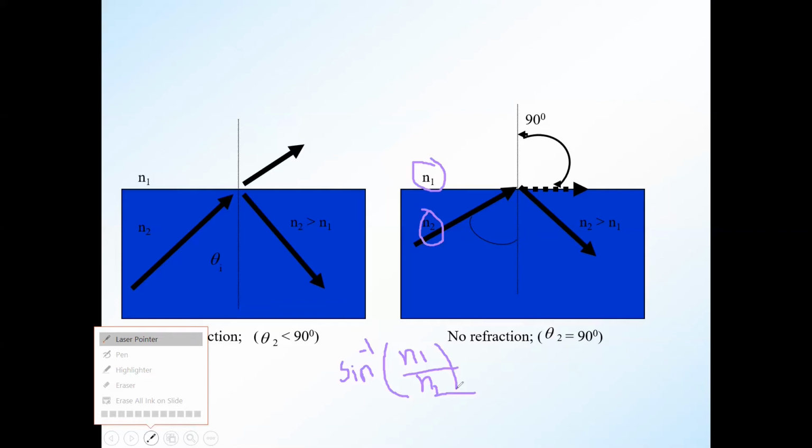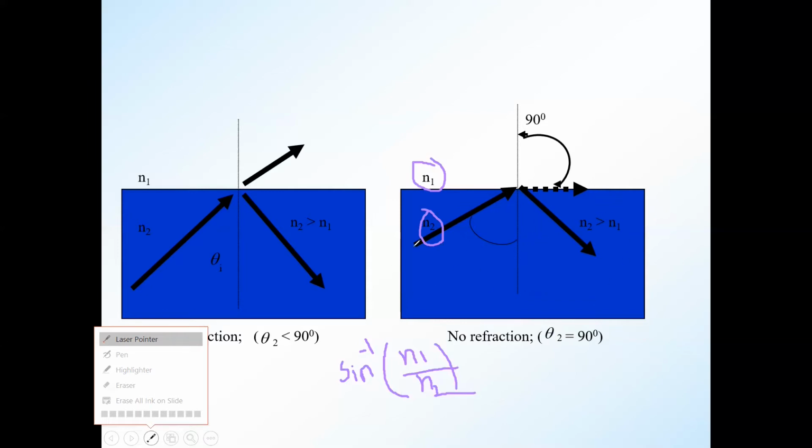Sometimes you dope the fiber with certain materials, or you change the refractive index of the cladding with respect to the core, and they all impact this critical angle. So the critical angle is very important to decide the point of working, meaning when this fiber can be used for optical communication.